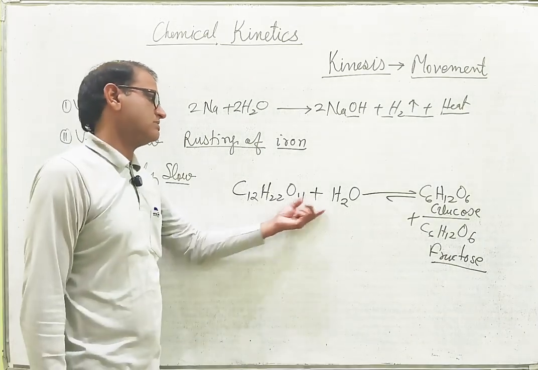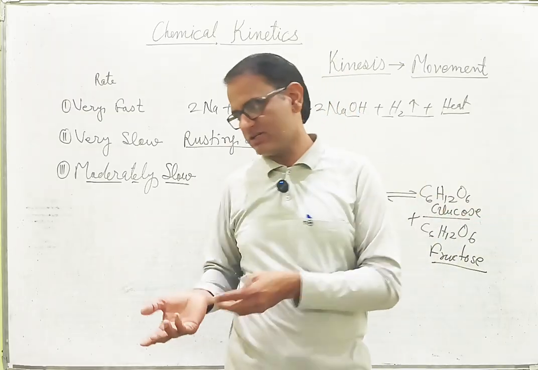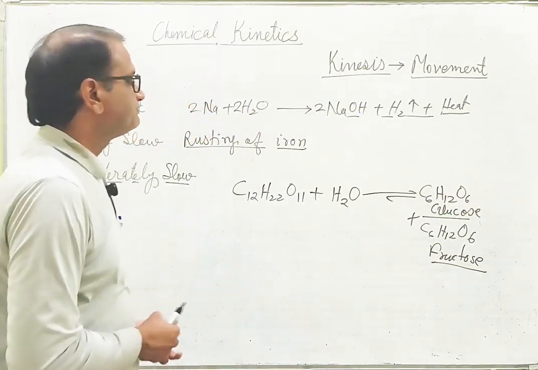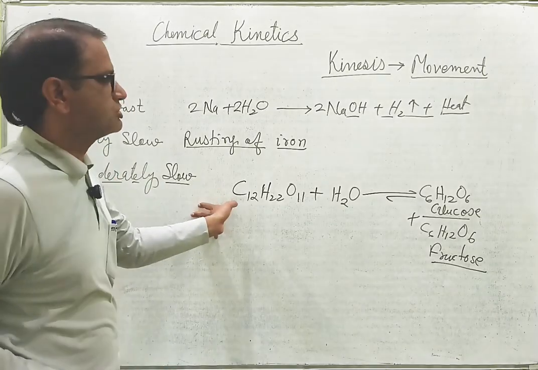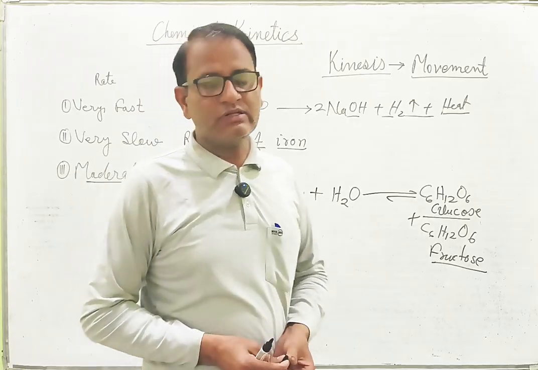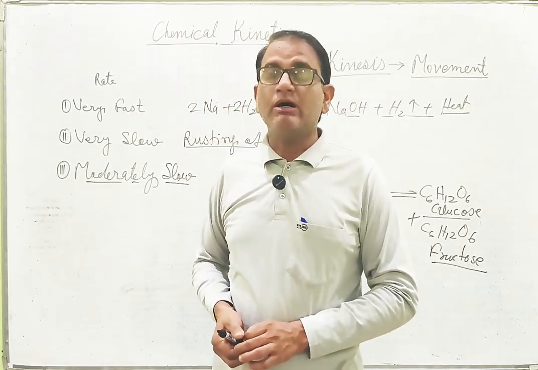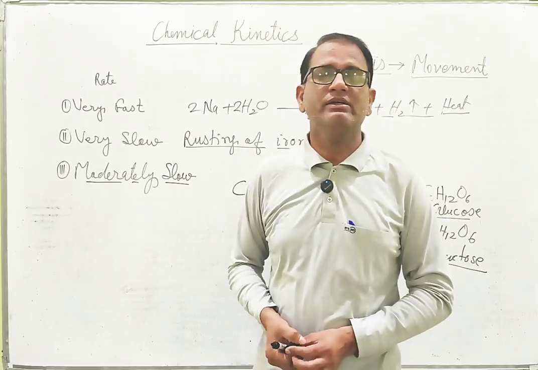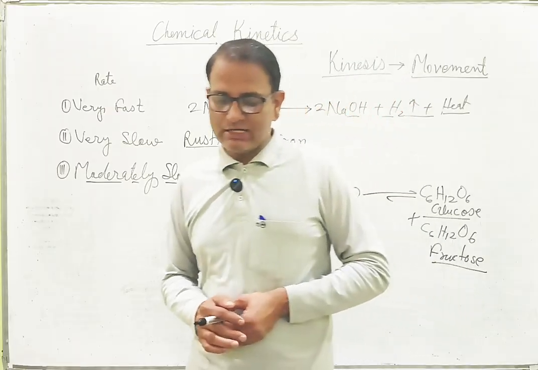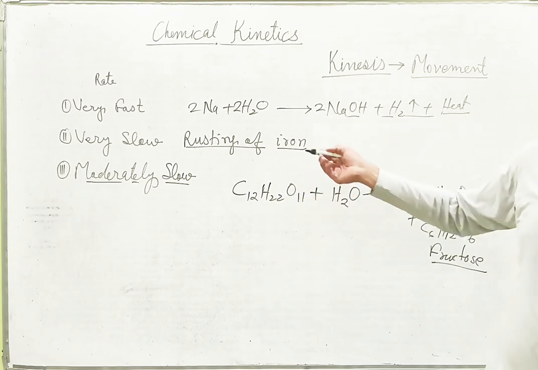Inversion of cane sugar means that optical rotation is just inverted during this reaction. That is a different topic we will discuss later. So this is a moderately slow reaction. Even hydrolysis of starch, in the presence of maltase enzyme, gives maltose, which is also a moderately slow reaction.